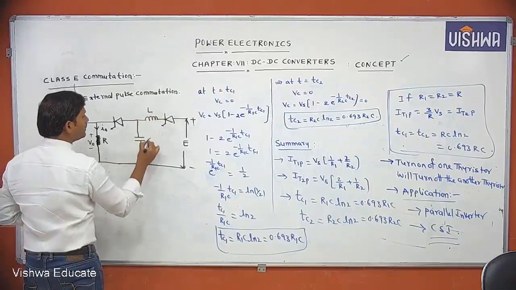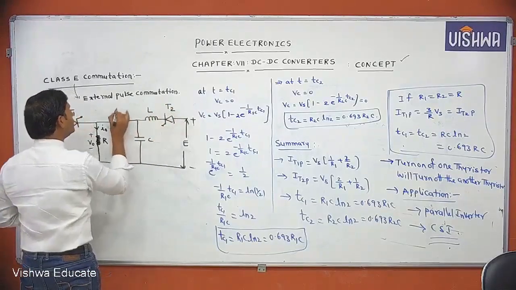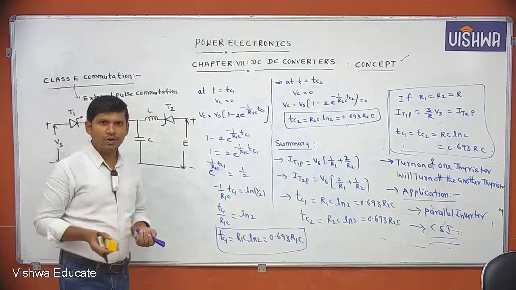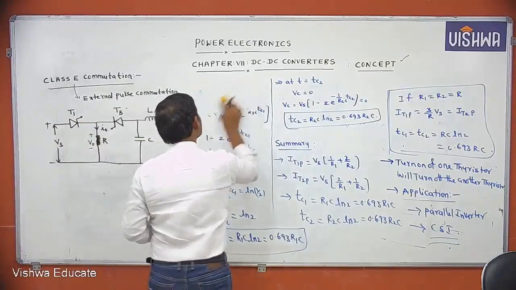This L, C, this T2 thyristor, this is T3. This is the commutation circuit for class E or external pulse commutation.